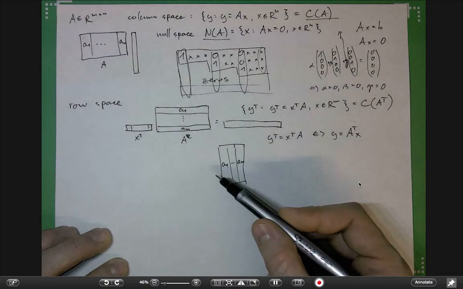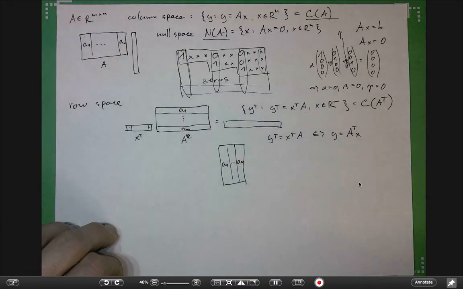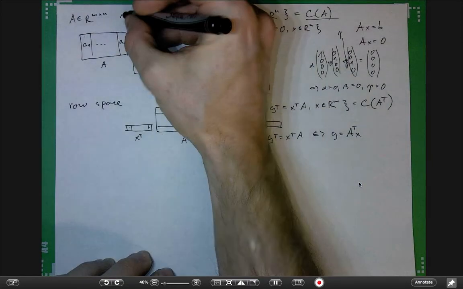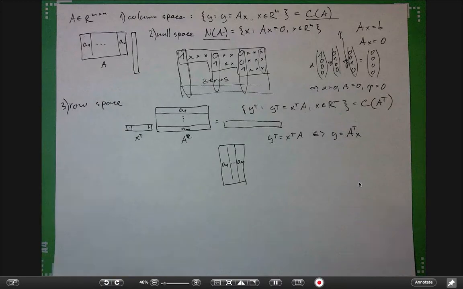And now if I take the column space of this matrix, it's the same thing as taking the row space of the non-transposed matrix. Make sense? I hope so. So this is the third important subspace associated with any arbitrary matrix.